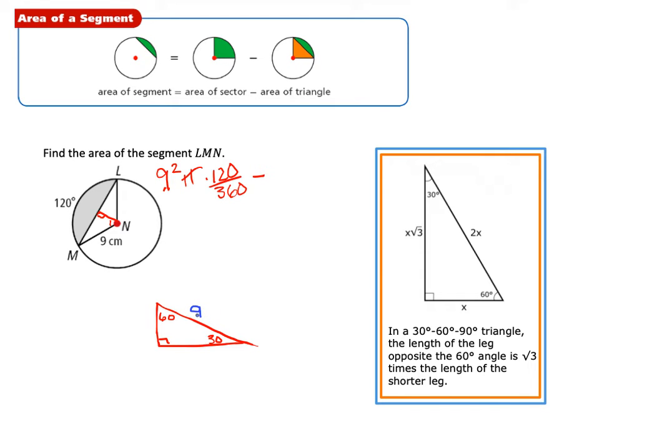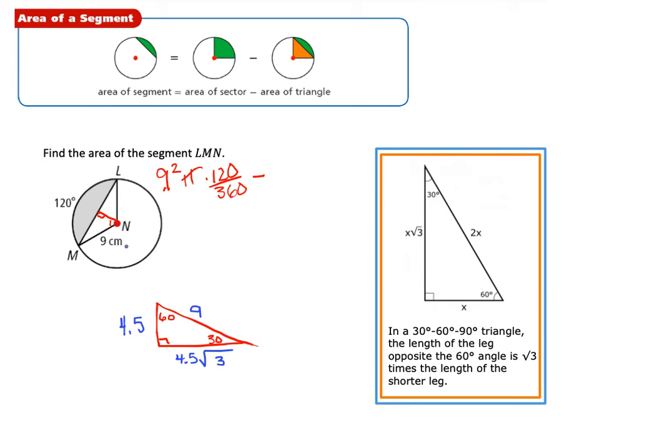So I know that the one opposite of the 30 degrees, that's this one, is going to be half of my hypotenuse. Okay? So the one opposite the 30 degrees is going to be 4.5. And the one opposite the 60 degrees is going to be that shorter leg, 4.5 times the square root of 3. Well, now we have where we can do 1/2 times base times height.